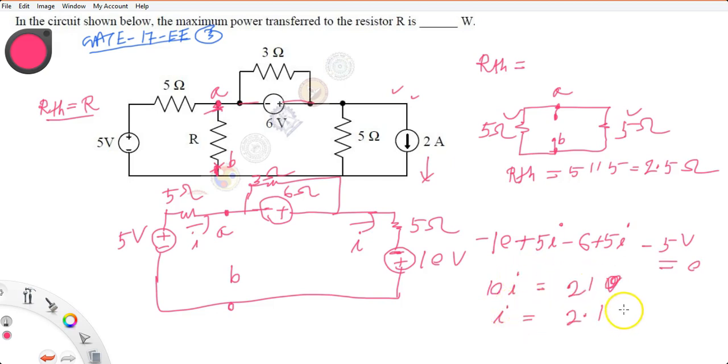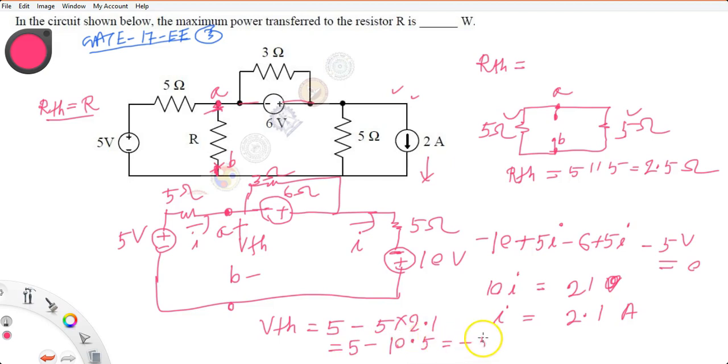So your I equals 2.1 ampere. This voltage VTH, by simple application of KVL, VTH equal to 5 minus 5 into 2.1, which will give you 5 minus 10.5, which is minus 5.5 volt.